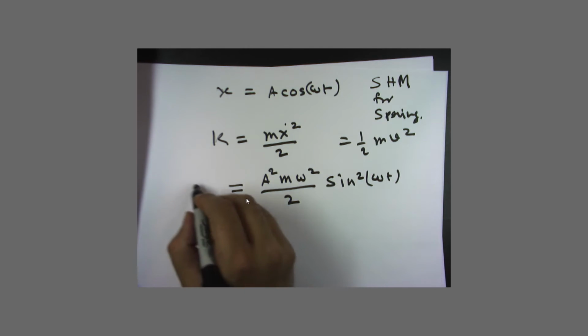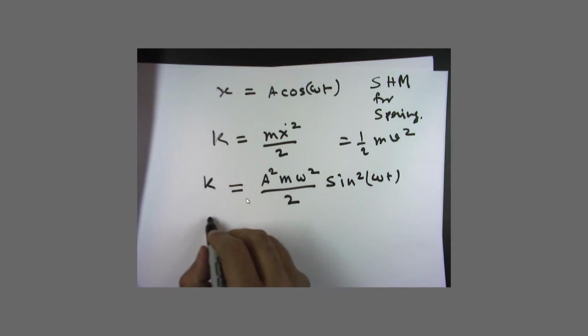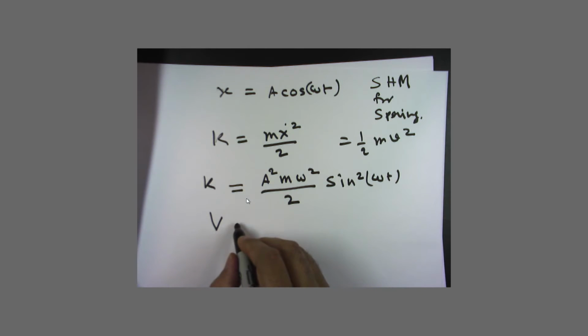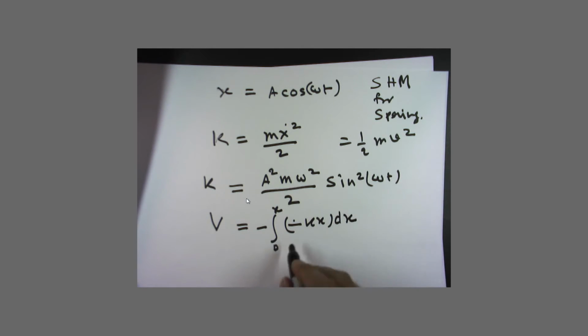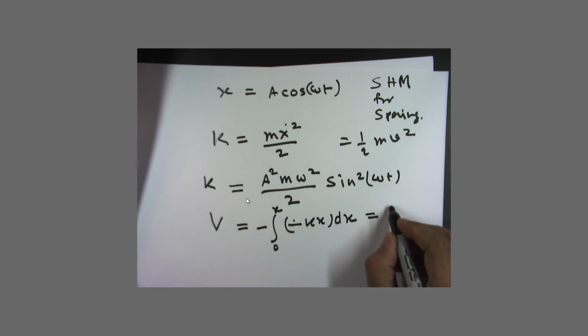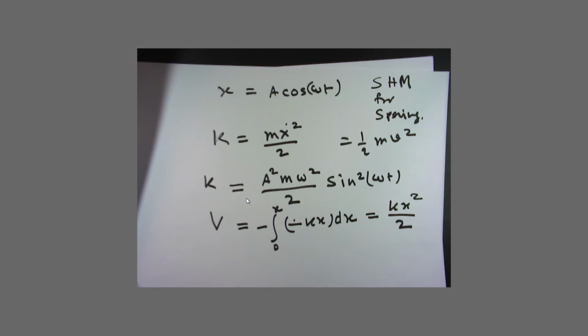So, that is the kinetic energy K. In case of the potential energy V, you have to integrate from 0 to x, again with a minus sign, kx dx. So, it becomes positive kx square by 2, again simple integration.